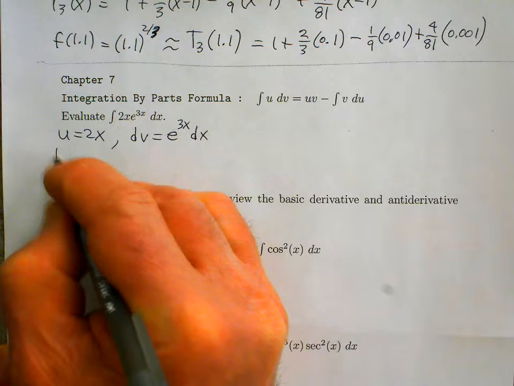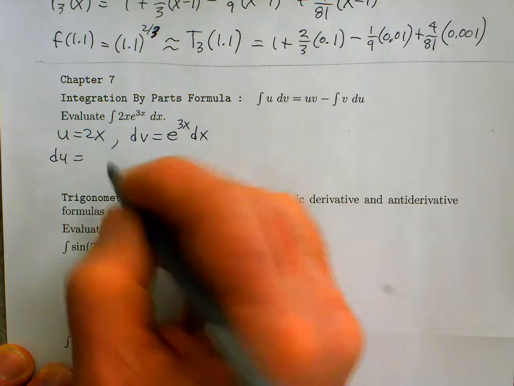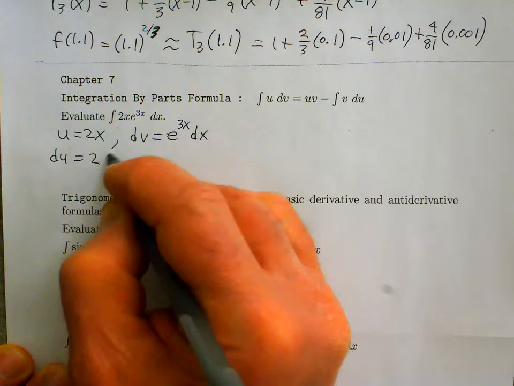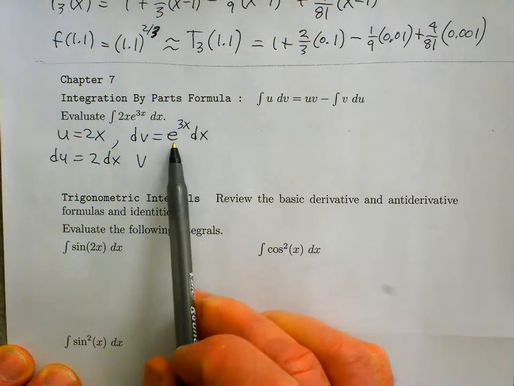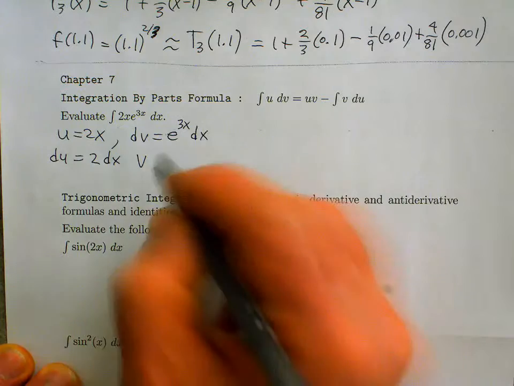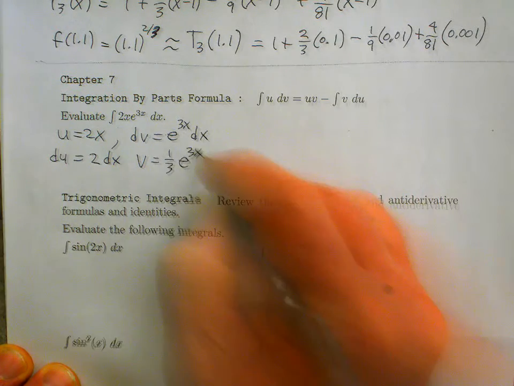Then du, the derivative of 2x, is 2 dx. And v is an antiderivative of e to the 3x, which is 1/3 times e to the 3x.